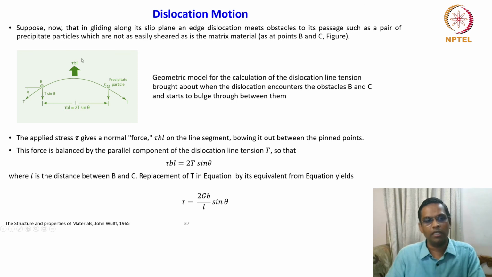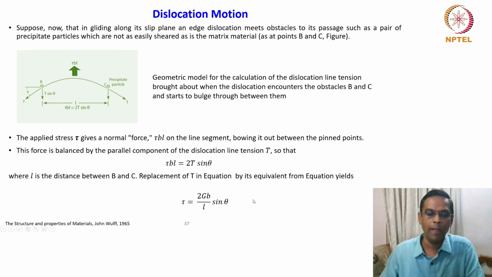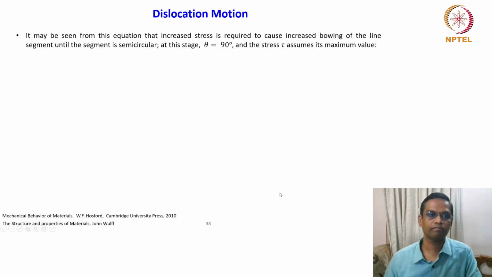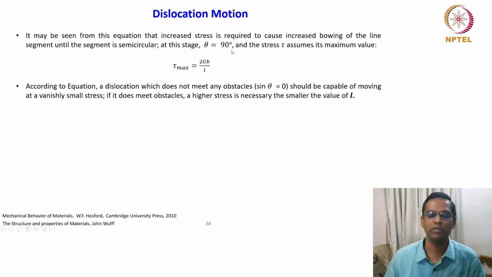So this is a very important idea. As I said, this expression will be very useful when we go to the strengthening mechanism aspects. It may be seen from this equation that increased stress is required to cause increased bowing of the line segment until the segment is semicircular. At this stage, theta is equal to 90, and the stress tau assumes its maximum value: tau max equals 2GB by L. This is obvious; at theta 90, you can just plug in this value and get this.